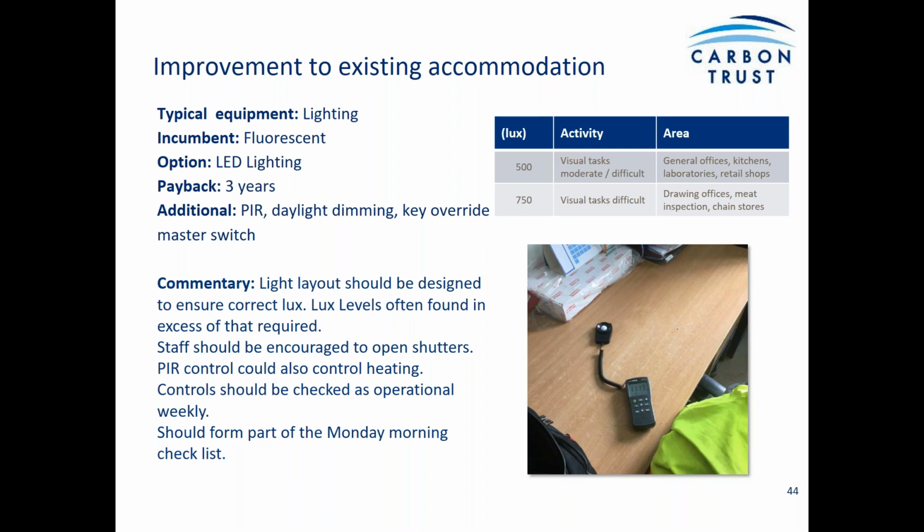You can see from the picture there the lux levels, and that's probably in the middle of the cabin. There was over 1,000 lux when more than half of that would have sufficed.